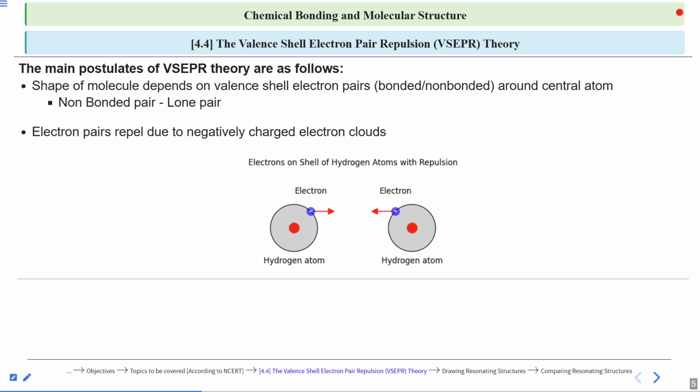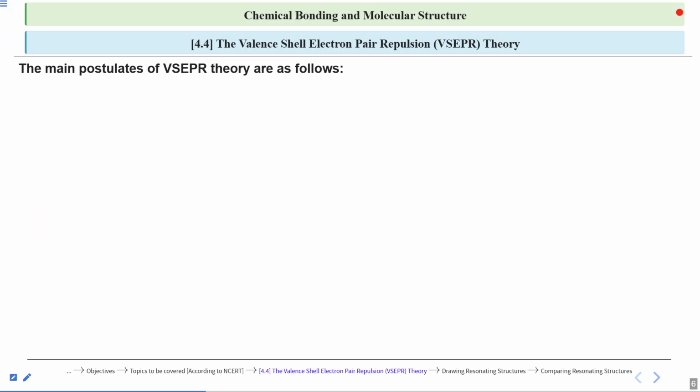Now we are about to keep these bonded and lone pair electrons in such a pattern that the repulsion can be minimized. As they come closer to each other, repulsion increases, and when repulsion increases, the energy of the system increases. But we don't want that. We want the energy to go down. So what will we do?